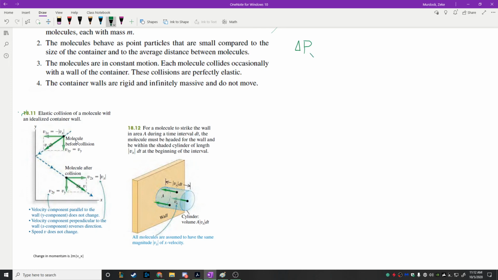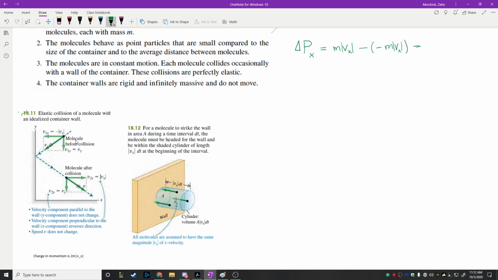So the change in momentum in the x direction should be equal to the momentum after the collision, which is mass times vx, the magnitude of this. We have to subtract from that the momentum before the collision in the x direction, which is negative mvx.